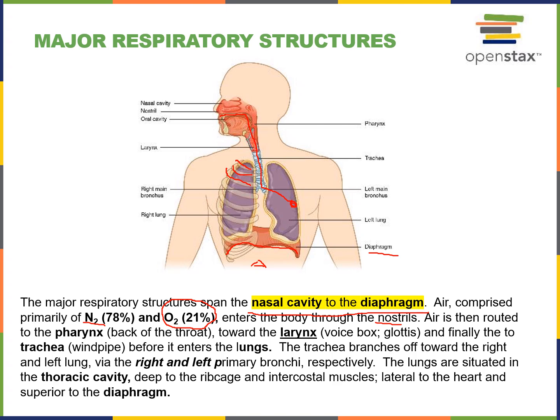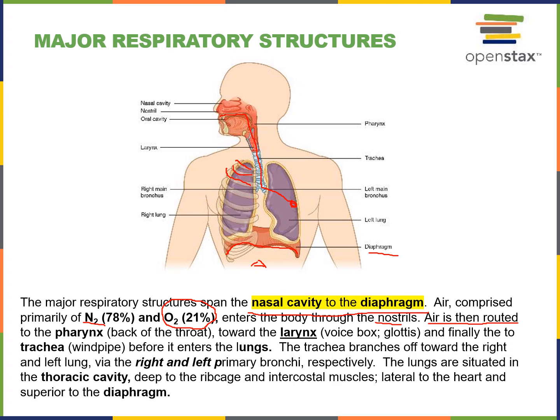So as air enters the nasal cavity, it needs to be cleaned of debris, it needs to be humidified, and it needs to be warmed prior to getting to the lungs. So as the air is traveling through the nasal passages, it is being warmed because there are lots of blood capillaries.